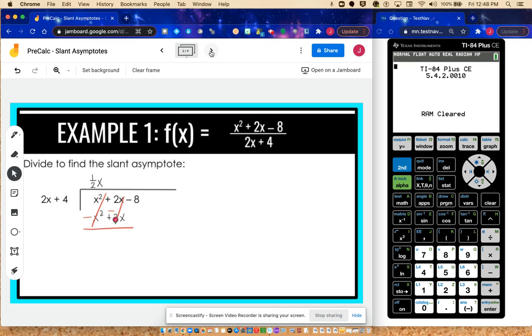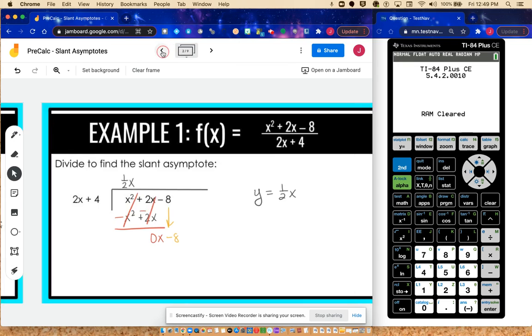And that actually all cancels out to a 0x. And we'll bring down that minus 8, and there's nothing that we can do from here. 2x goes in 0 times. There's no point in multiplying everything by 0. So we are going to get that our slant asymptote is the equation y equals 1/2 x.